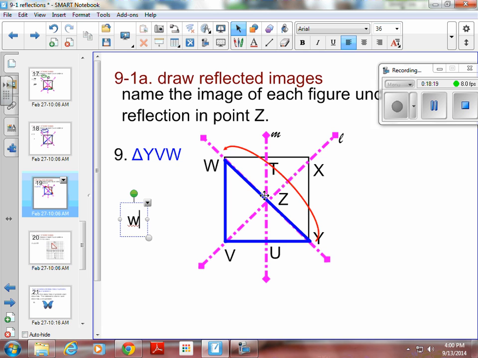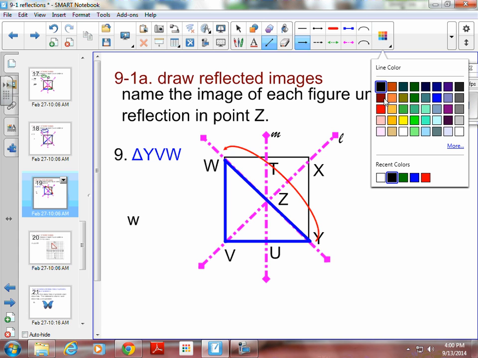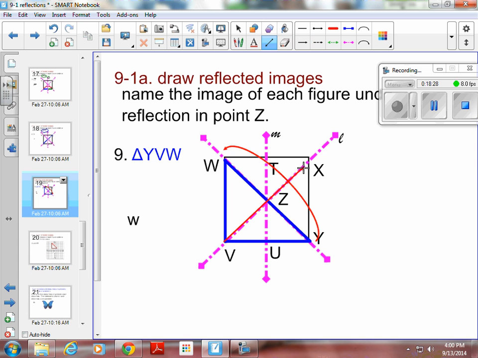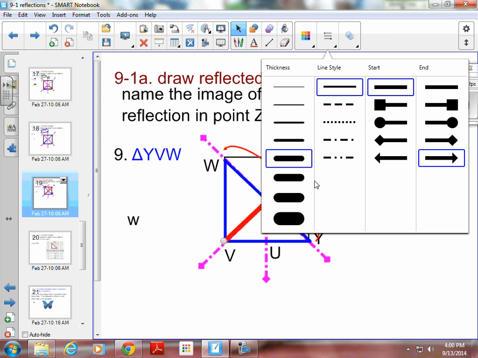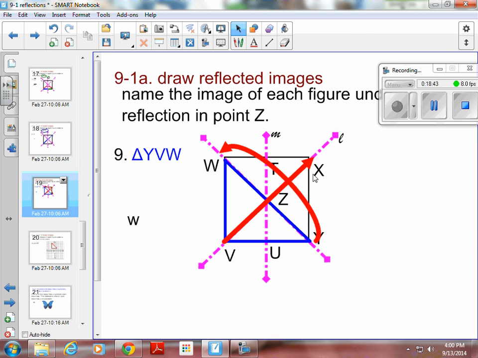So W. And then V, if I go through Z, V goes through Z, I end up at X. Okay, so next letter is X. And then W, when W goes through Z, I end up back at Y. So W would end up where Y is.